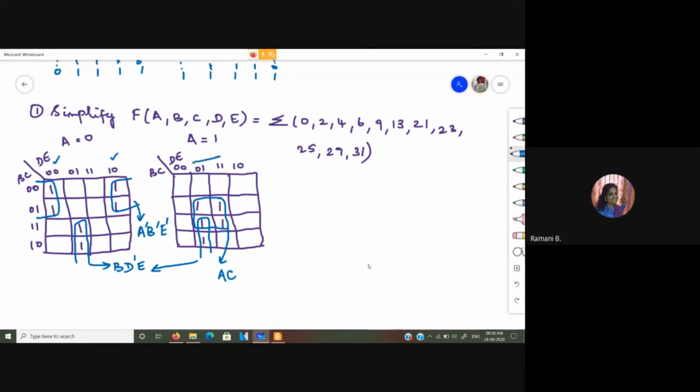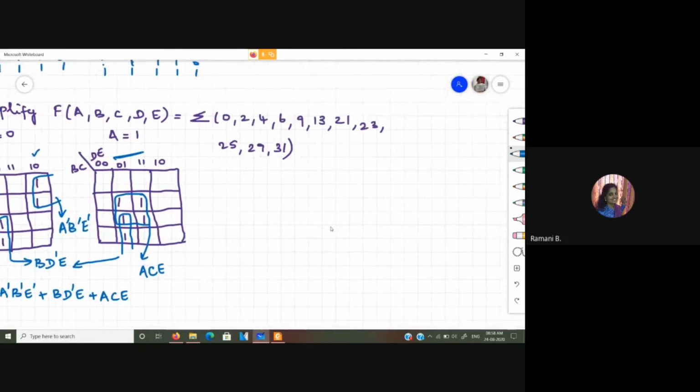And here d is equal to 0 and d is equal to 1. So we leave that out and e is equal to 1. So the expression for this is a bar, b bar, e bar plus b d bar e plus ACE. Okay.